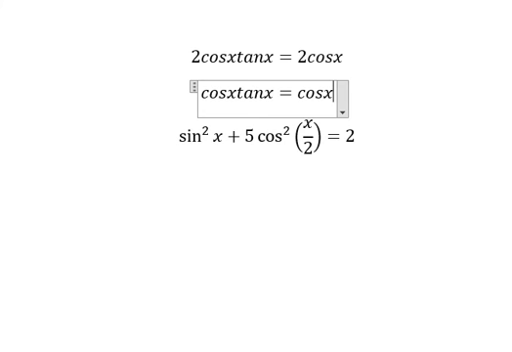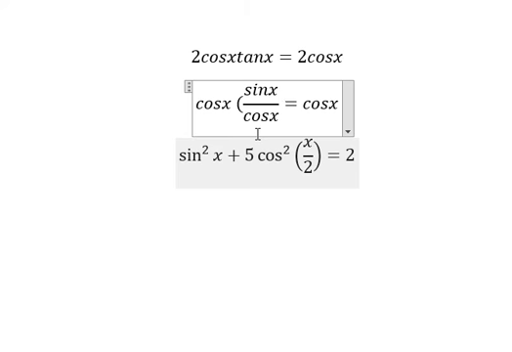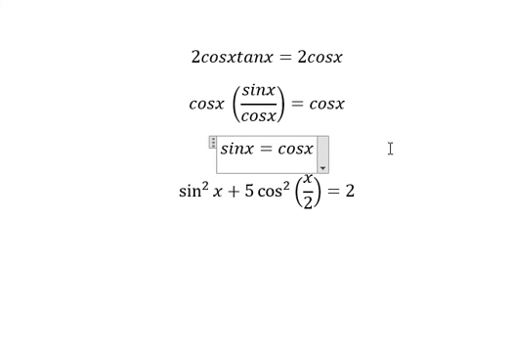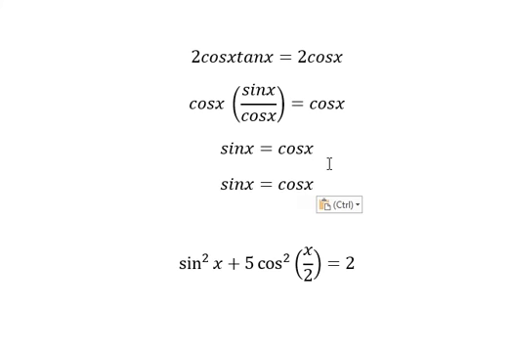equals cosine x, and we know that tan x is sine x over cosine x. So we simplify cosine x. In this case, cosine x cannot equal number 0, and about this one, we change sine x into cosine of π over 2 minus x.